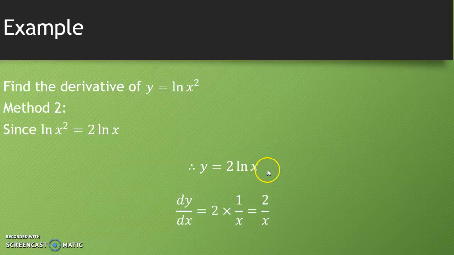We know the derivative of log x is just 1 over x, so our answer becomes 2 times 1 over x, which is 2 divided by x. So, same answer, 2 different methods. Just need to make that realization that log x squared can be simplified down to 2 log x.